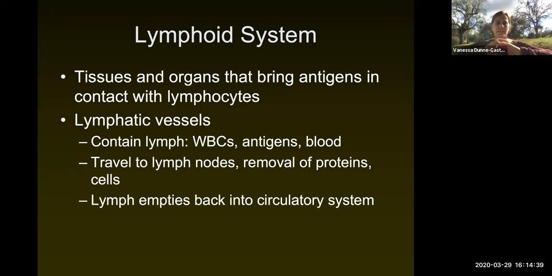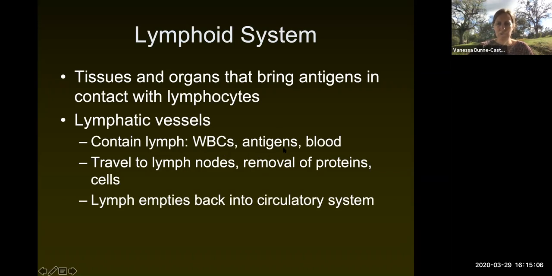It also allows our body to separate out any blood that has gotten through into our tissue and pull it out and put the blood cells back into the blood, keeping the white blood cells perhaps back in the blood if they haven't been activated, and then removes proteins and things to help clear up our system. So the lymph itself is a bunch of our leukocytes that have arrived for that inflammatory response.